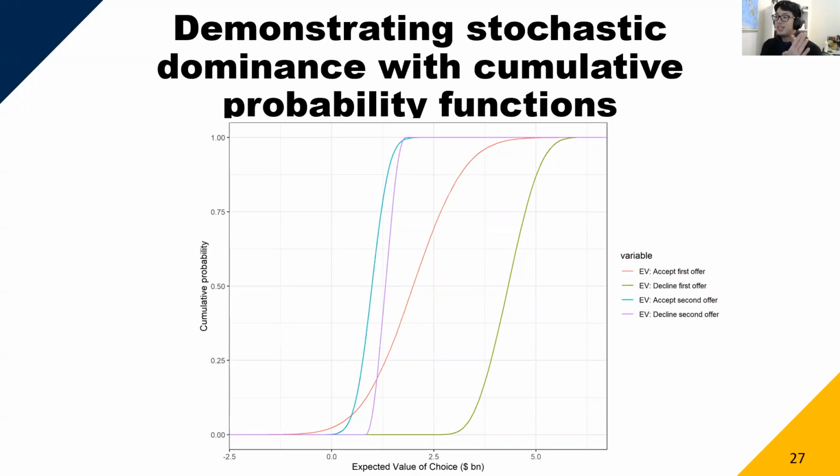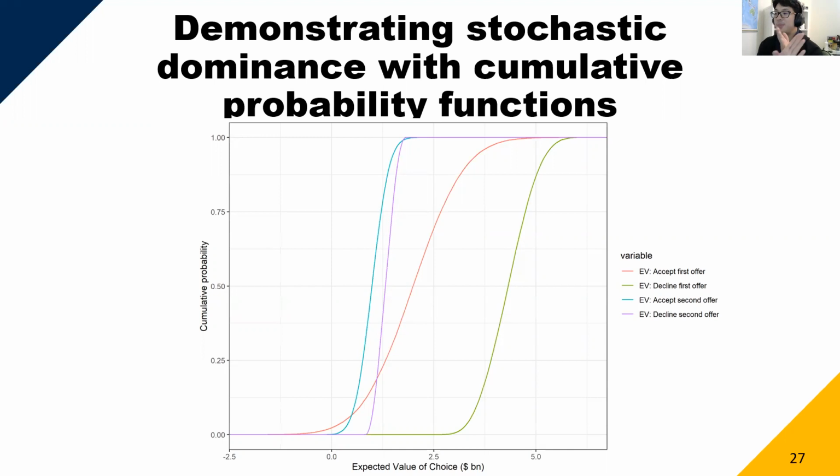Now, if your CDFs ever intersect, in this case it's not the best example, but you can see right at the top there's some small probability in which the EVs will meet and cross, then they are not strictly stochastic, they don't have stochastic dominance over another option.